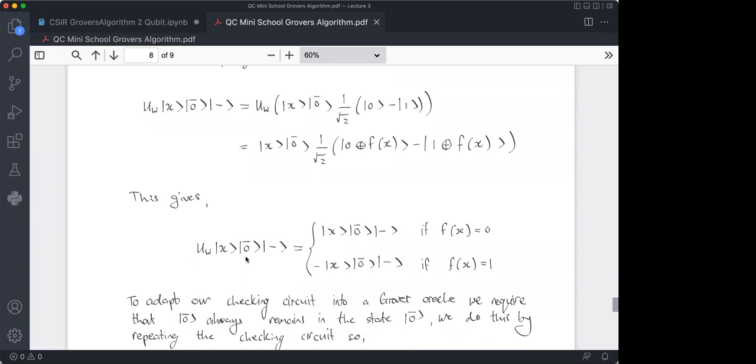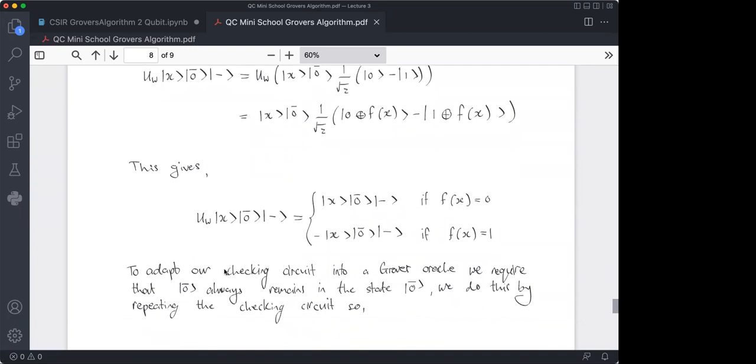But what does the oracle actually need to do? Well, if we want to adapt our checking circuit that we created above into a Grover's oracle, then what we need is that after we apply our checking circuit, the state of our clause qubits, so the C0 to C3, needs to go back to being all 0.